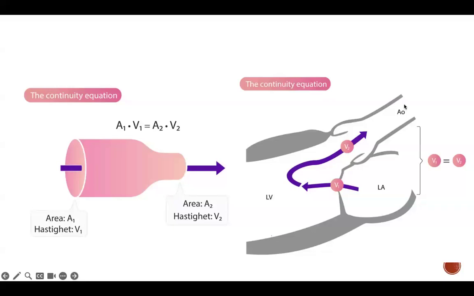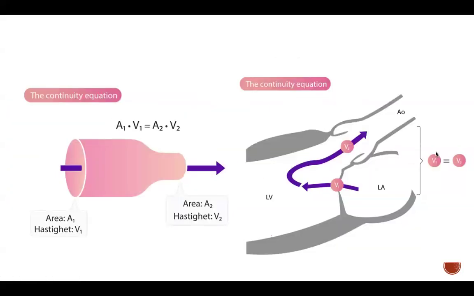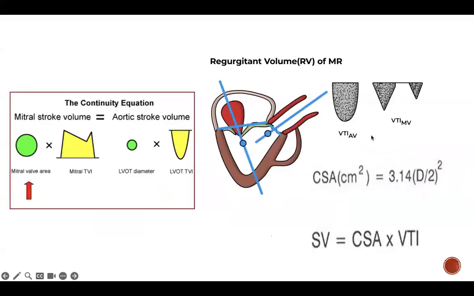This is the basic principle of the continuity equation, given that this is a normal healthy myocardium. So V1 equals V2. Then the question is how to calculate the amount of volume that comes in here, or the blood that comes in and goes out.